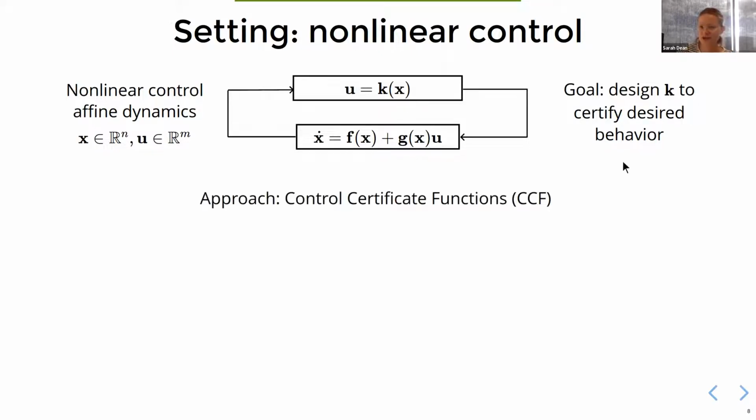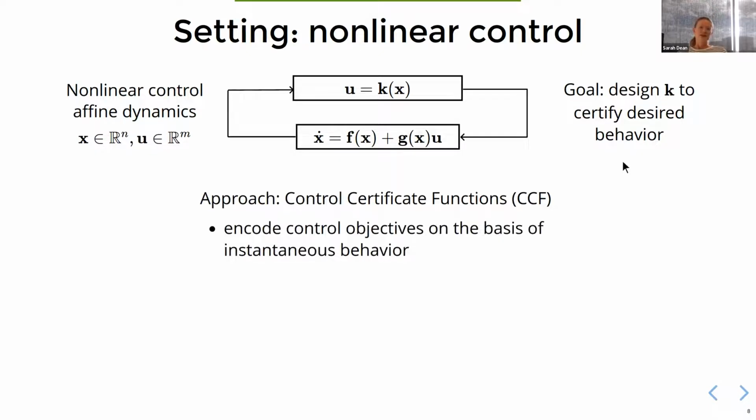The approach that I'm going to take and that I'll introduce is based on control certificate functions. These control certificate functions allow us to encode a control objective, like stability and safety, on the basis of instantaneous system behavior.